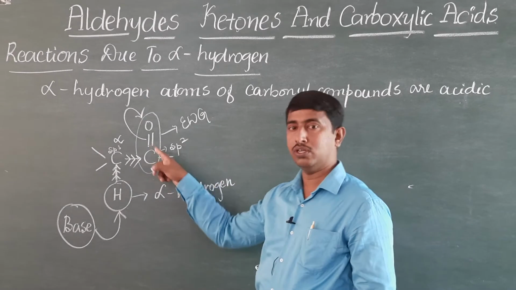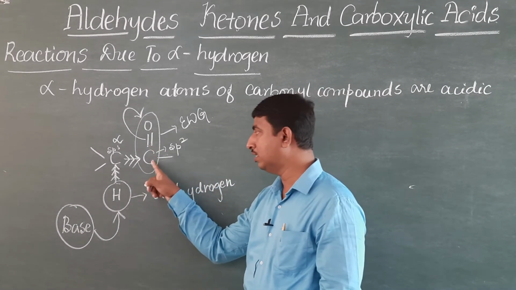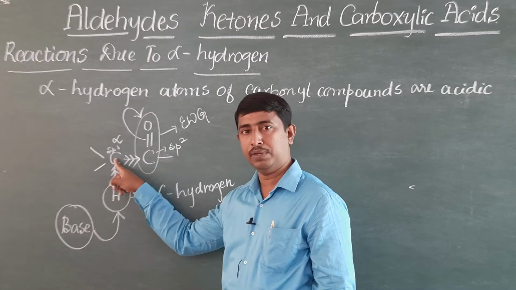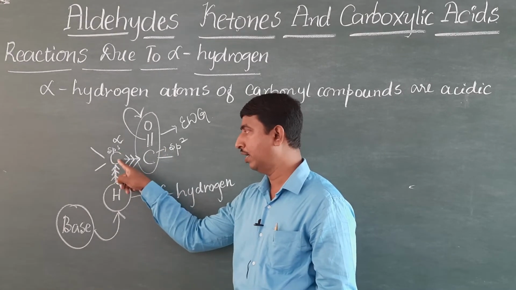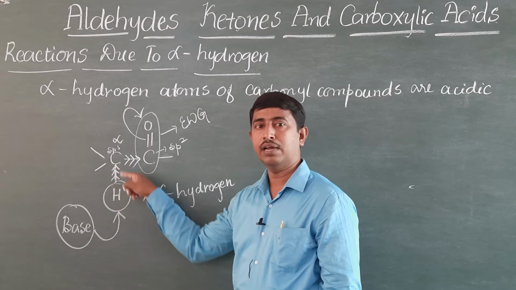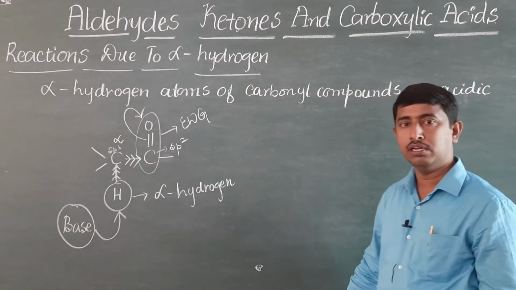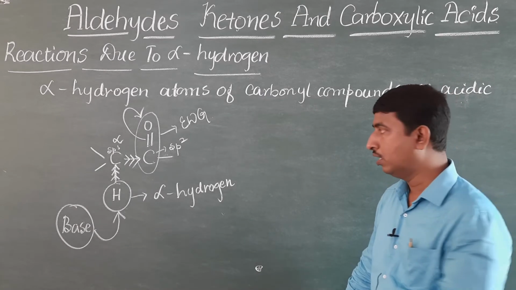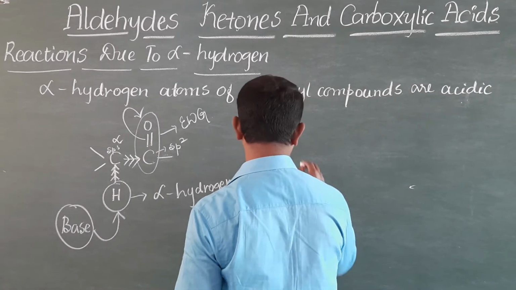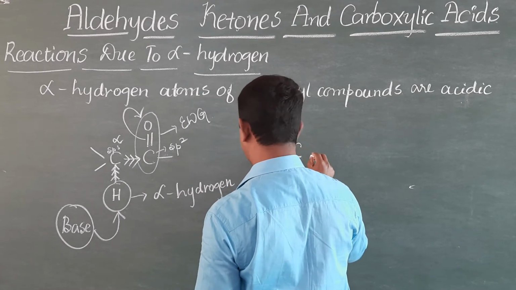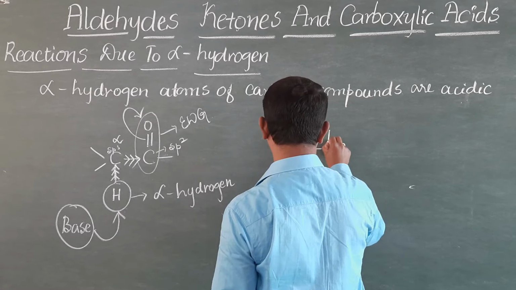It readily withdraws electrons from the carbon, and this carbon being sp2 hybridized, it will attract the electrons from sp3, and this sp3 carbon attracts the electrons of carbon hydrogen bond. As a result, carbon hydrogen bond becomes weaker, removal of hydrogen becomes easier. So we can write the reaction here, that is abstraction of proton.